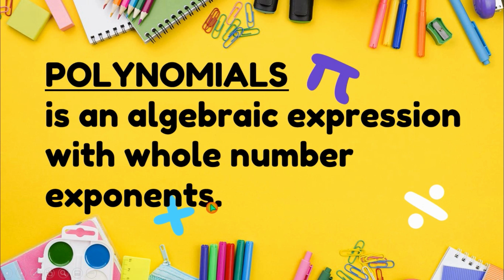The algebraic expression you see must have all exponents be whole numbers. When we say whole numbers, those are numbers like 1, 2, 3, 4, 5, 6, 7, and so on. So it cannot be a fraction, and it cannot be negative. That is our keyword.